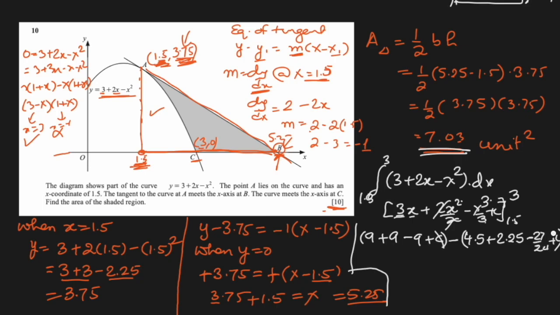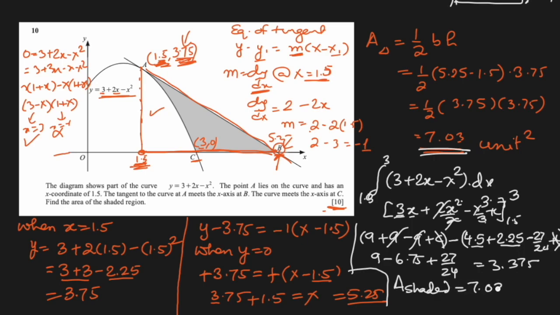This c and this c cancel out, and the 9 and 9 cancel. 9 minus 4.5 plus 2.25 minus 27 over 24 will be 6.75 plus 27 over 24, which is 3.375.